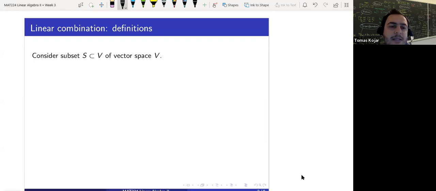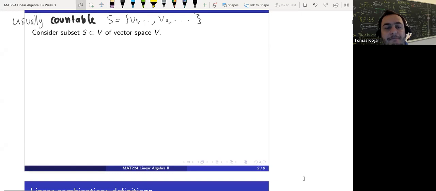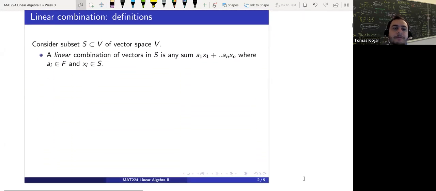So you start with some subset S, usually it's some countable subset, like V1 to Vn, and you have a vector space V. By linear combination, we mean take any subset of this set and look at linear combinations of them.